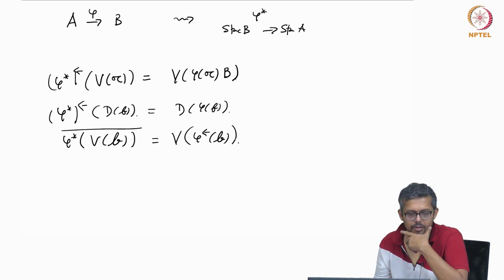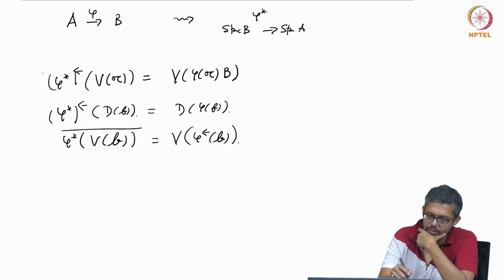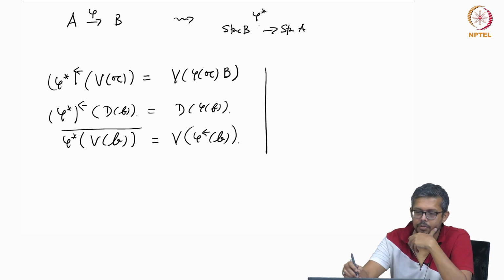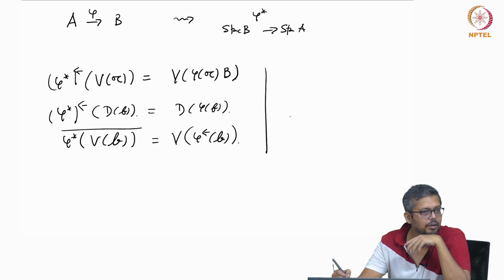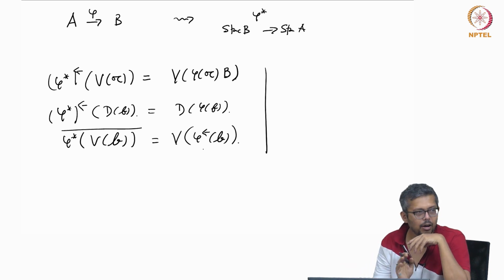So these are the properties of this function phi star. The first one, or the second one, makes the function phi star continuous, and the second one tells how the closed sets behave, the closure of the image of a closed set.